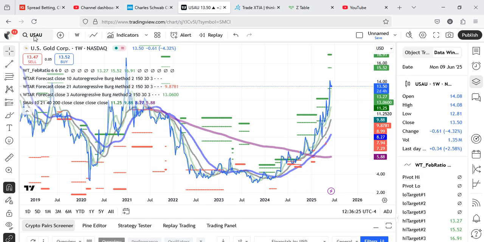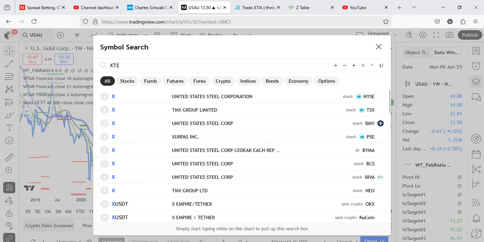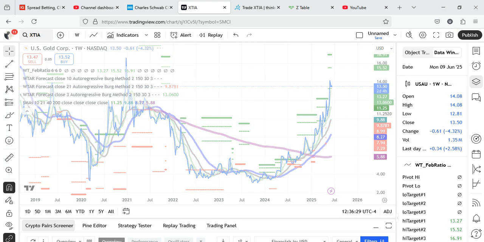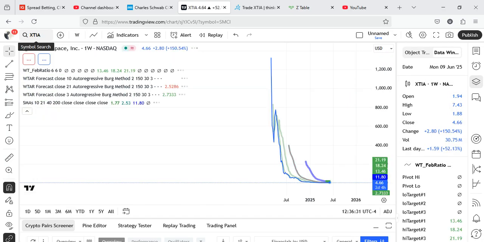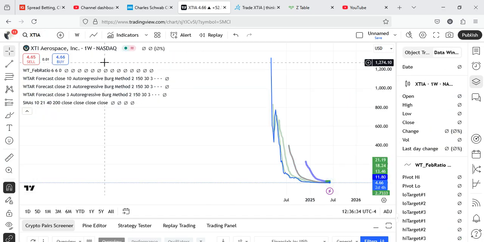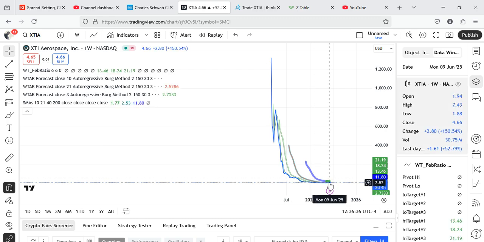It doesn't have enough data on its weekly chart, but regardless, there are projections here. We have 13.46, 18.24, 21.19. XTI Aerospace.